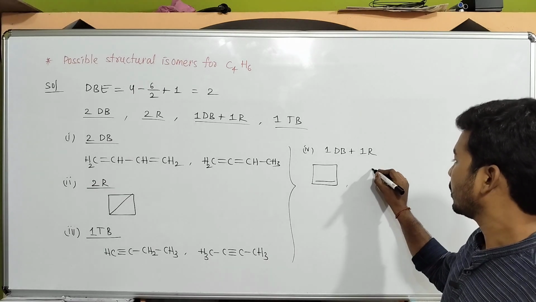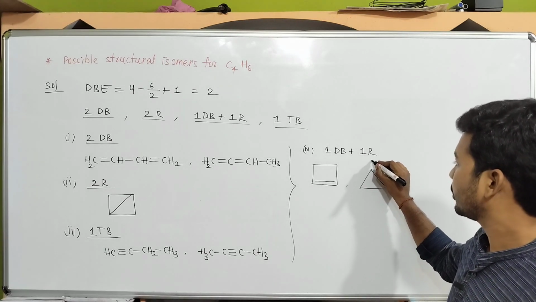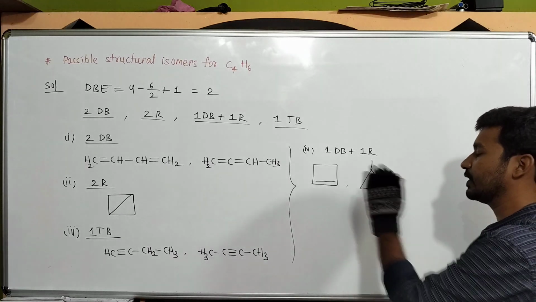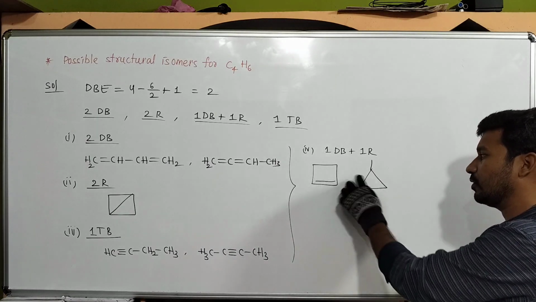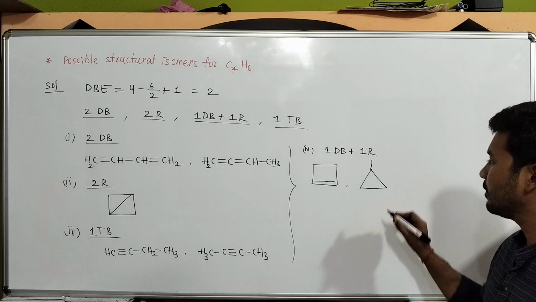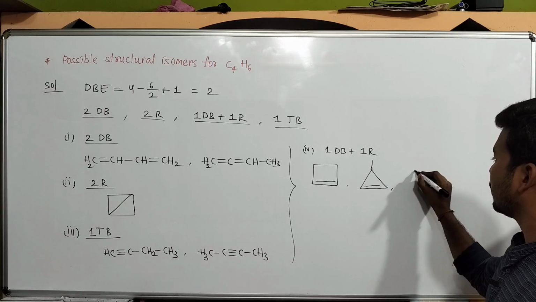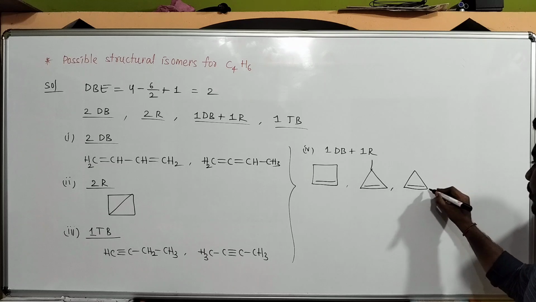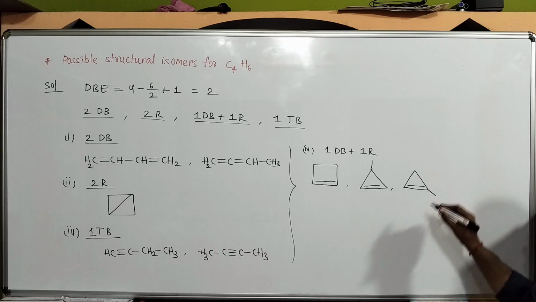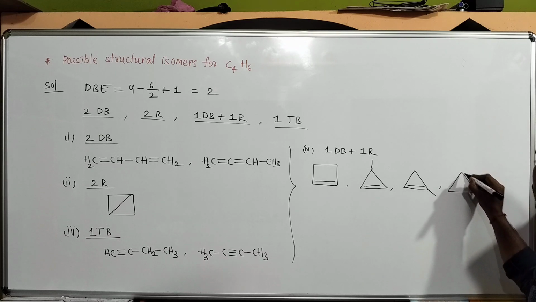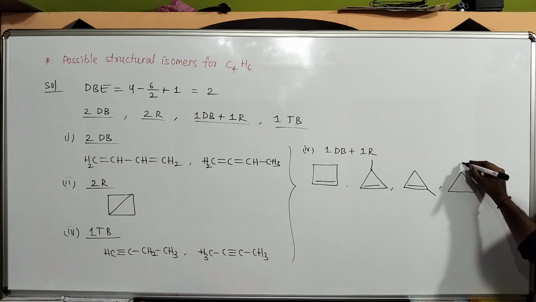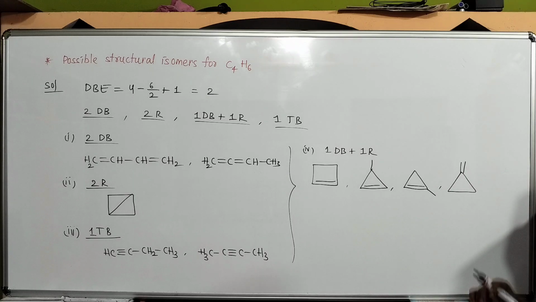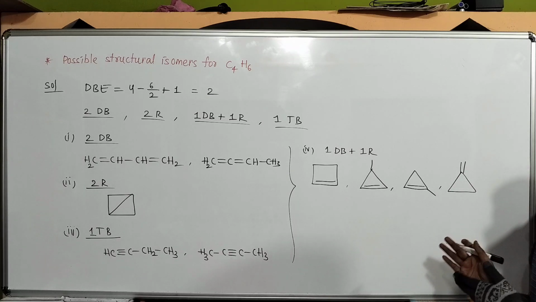Next, reduce the size of the ring. 4, reduce 1, it becomes 3 with a double bond here. With 3 carbon atoms, cyclic chain, here also possible. This is 1. Next one is like this. This is also possible.